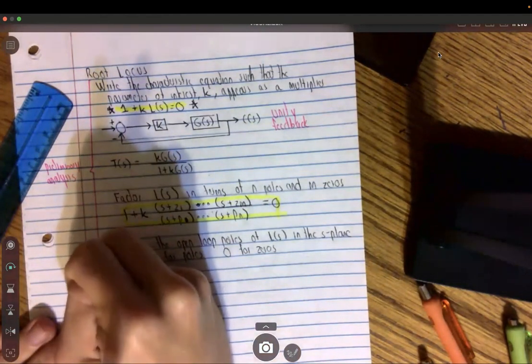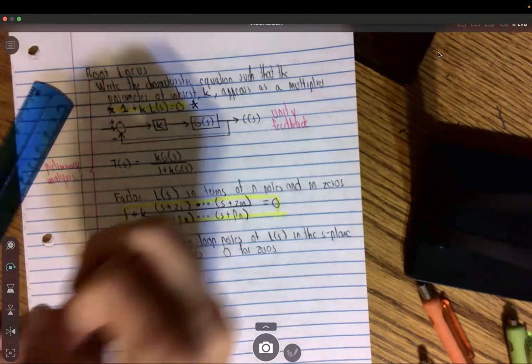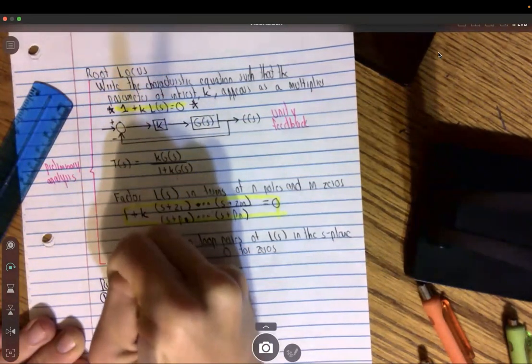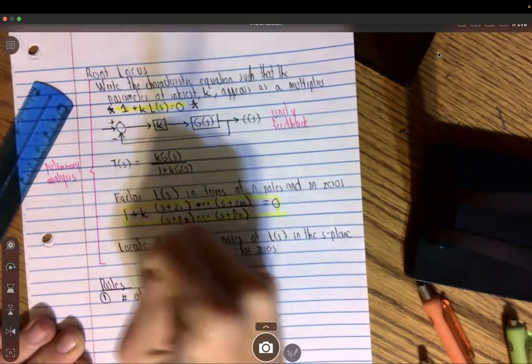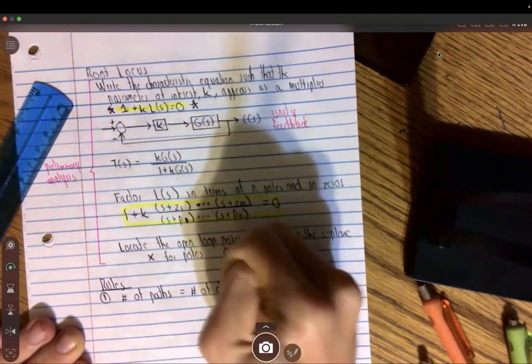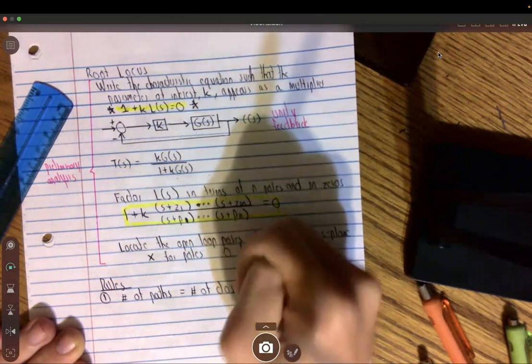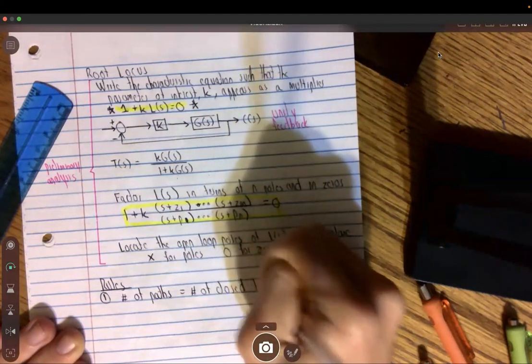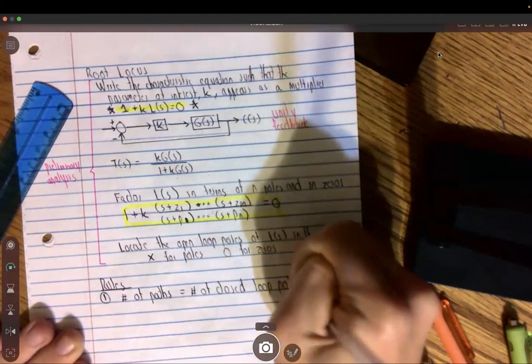So for a root locus, rule number 1 is that the number of paths is going to equal the number of closed loop poles. Okay.